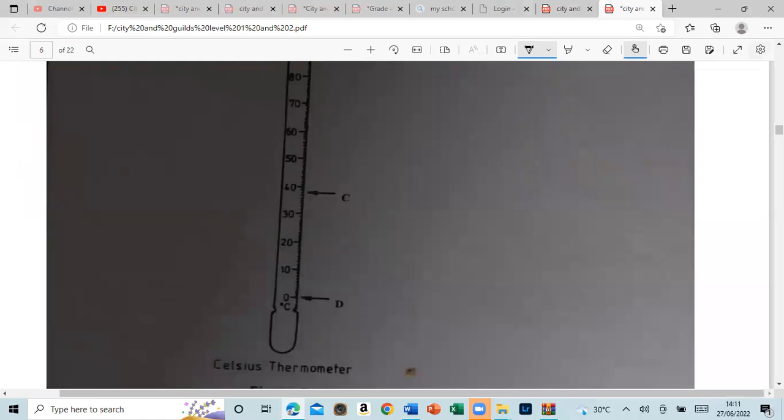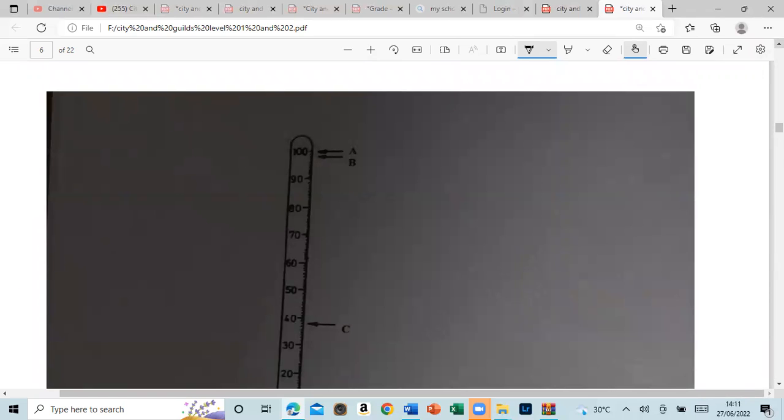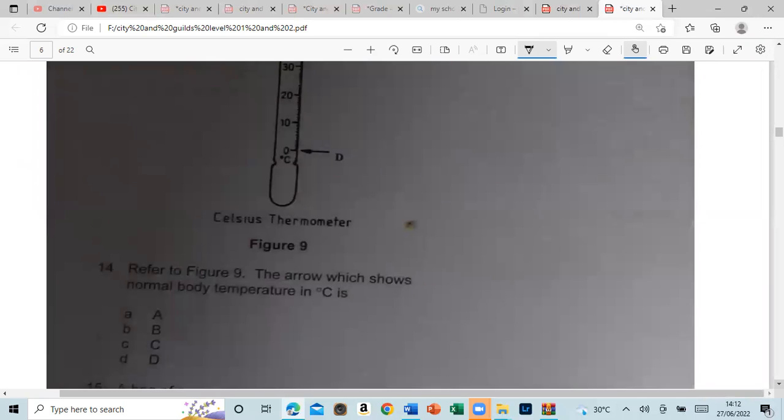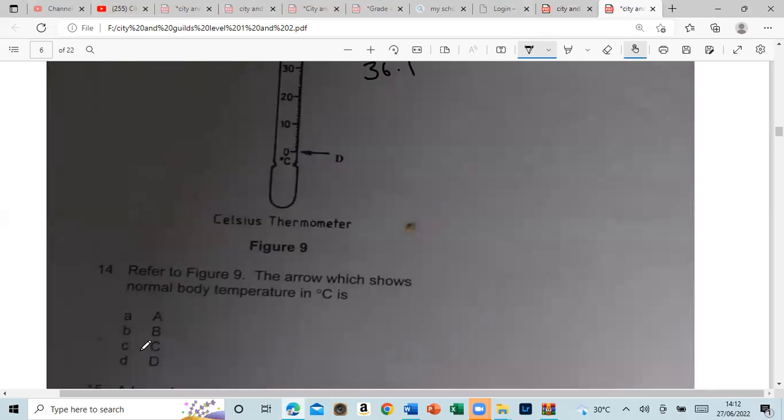So number 14, so we have A, B, C. You see that now, B. In figure 9, the arrow which shows the normal body temperature in Celsius is... That would be C. Yes, every time I check my temperature at school, I'm 36.1. So that's the normal. All right, so that would be C.